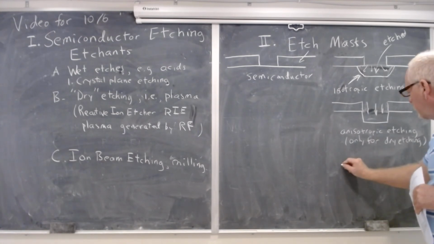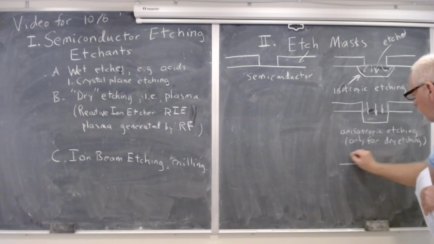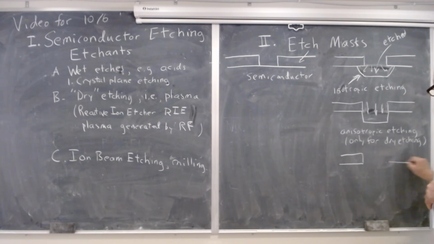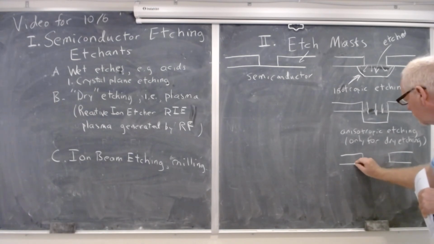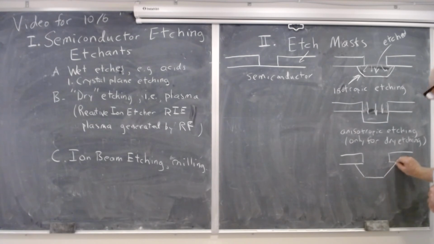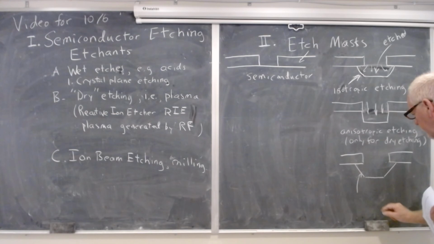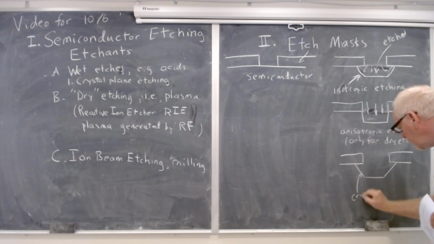And finally, there's crystallographic plane etching. So you see here for the isotropic, it's kind of curved because it's going in all directions. Here, for example, particularly, this is a crystal plane.